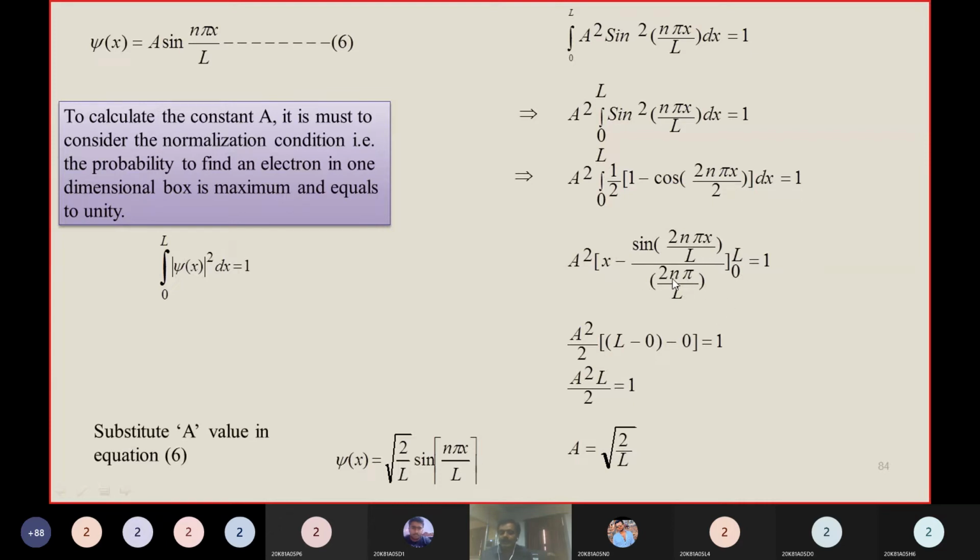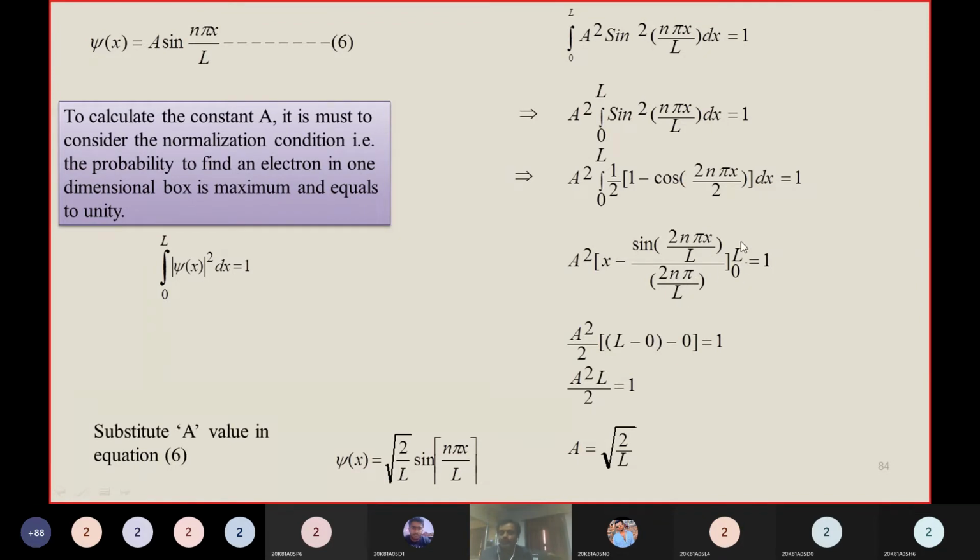Here 1 by 2 is common, so a squared by 2 will be there, multiplied by the total term. The integration of cos 2x will be sine kx by k, where the k value here is 2 n pi by L.